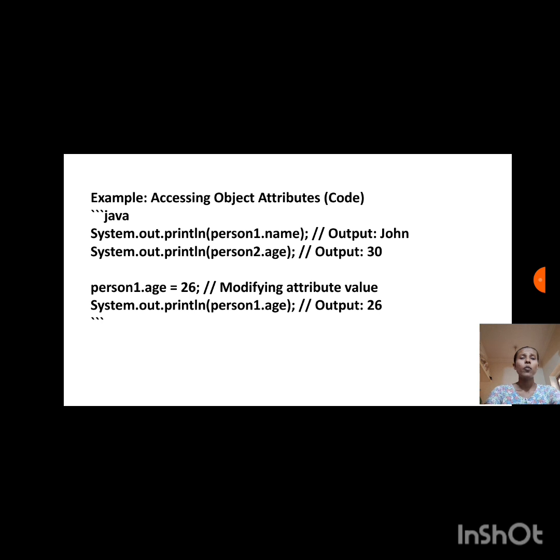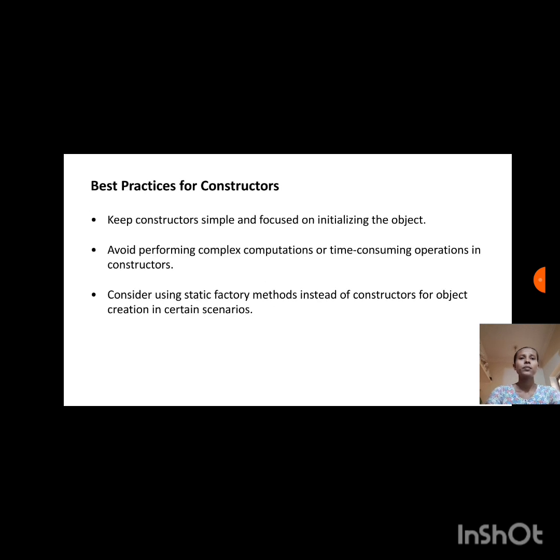System.out.println(person2.age); // output 30. person1.age = 26; // modifying attribute value. System.out.println(person1.age); // output 26.